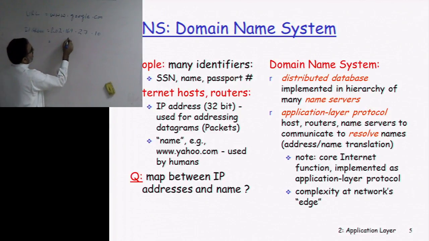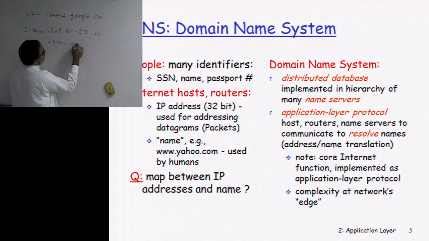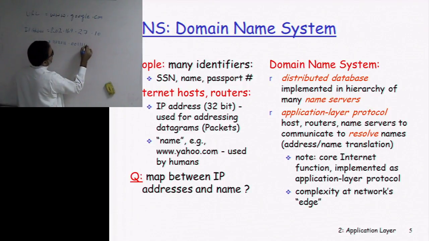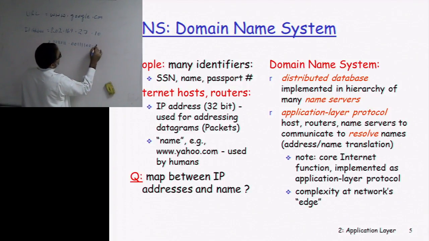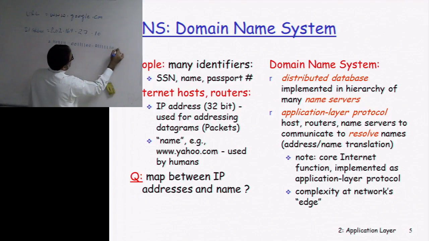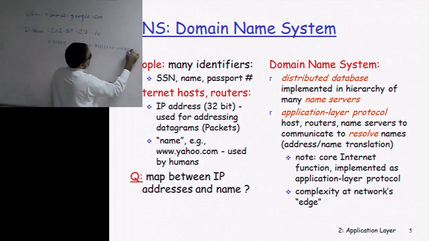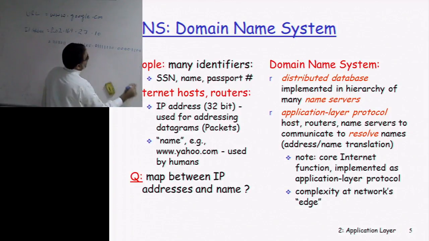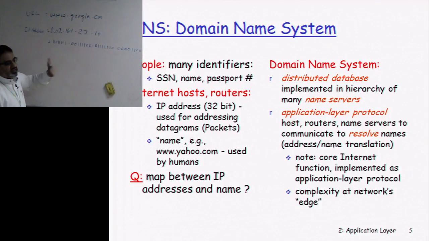But if they don't find an IP address in their local database, what will they do? Definitely they will contact another DNS server in the upper hierarchy. It is a distributed database implemented in a hierarchy of many name servers.